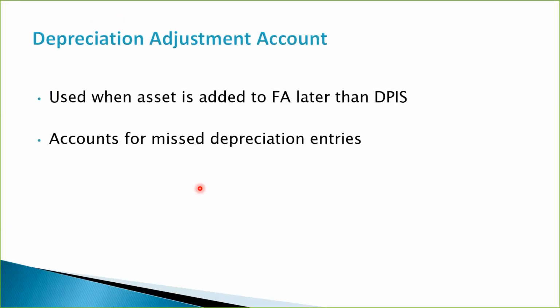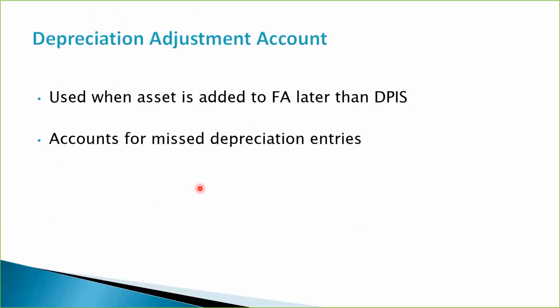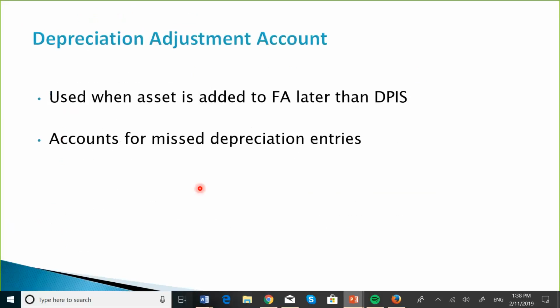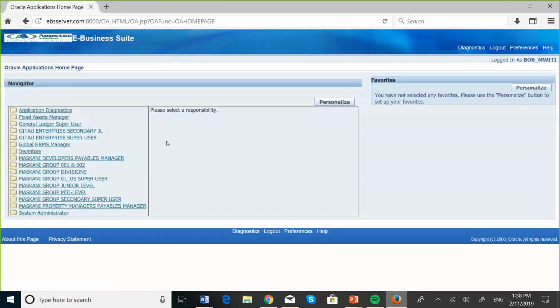So let's start with the depreciation adjustment account, which is one of the accounts here. Perhaps so that we can have a clear picture, I should take you to the book controls page so that we can understand what we are doing.